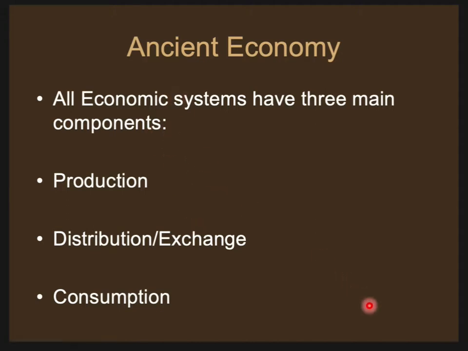That would be part of the economy as well. But you saw that there are degrees. There are simple economies and more complex economies, and more complex economies are typical of large states and civilizations.